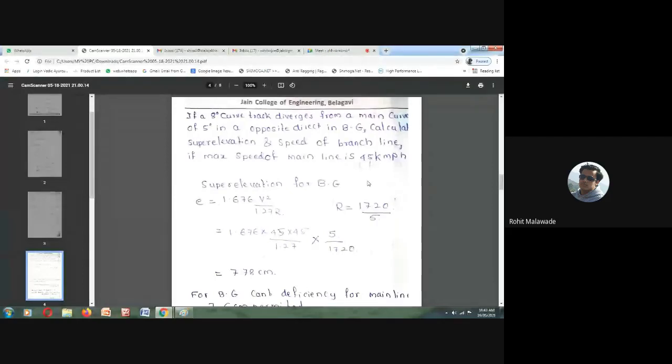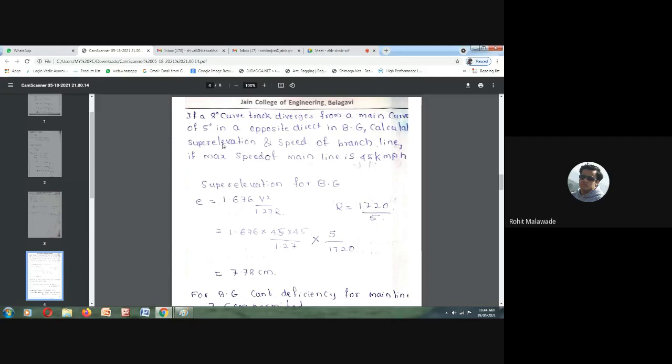I'll repeat it. If an 8-degree curve track diverges from a main line of 5 degree, what will be the main line degree? Can anybody tell me? Understand it. Yes, Shakir? 5 degree.